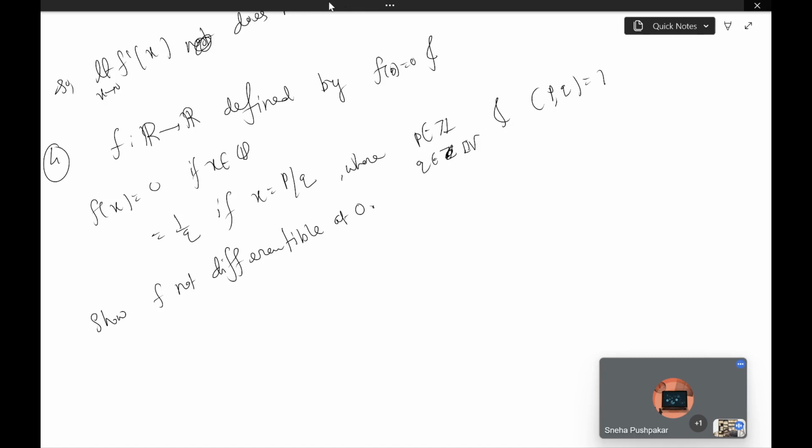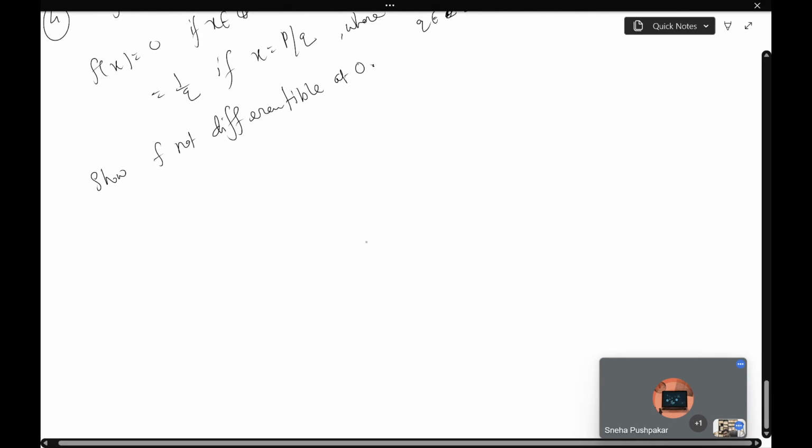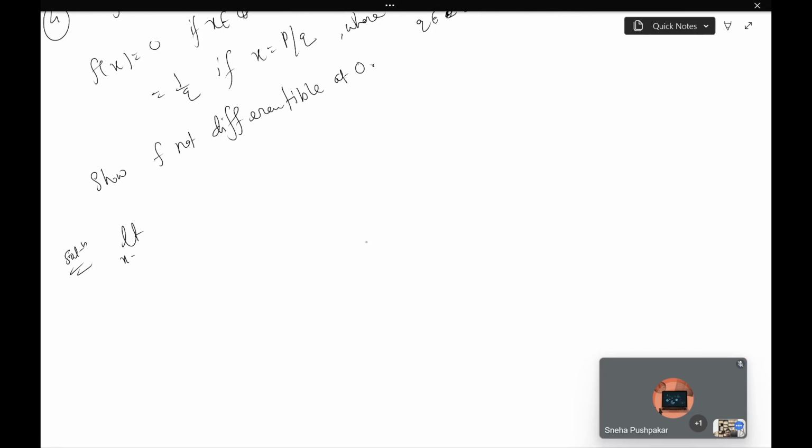Okay, so let me give some hint. The point is that limit x goes to 0 of (f(x) minus f(0)) by (x minus 0) is equal to limit x goes to 0 of f(x) by x. Now consider the sequence 1 by n. Observe that this sequence 1 by n goes to 0.